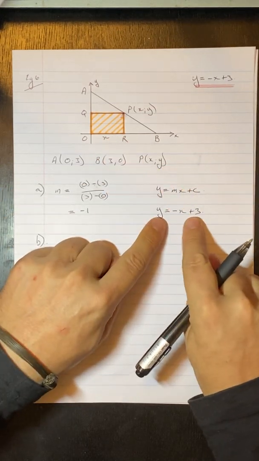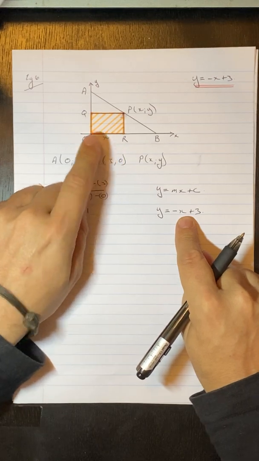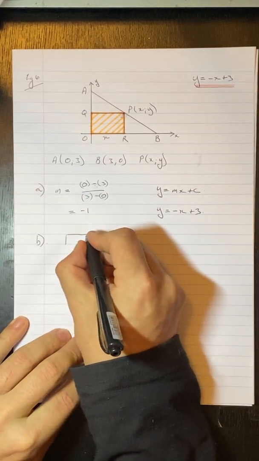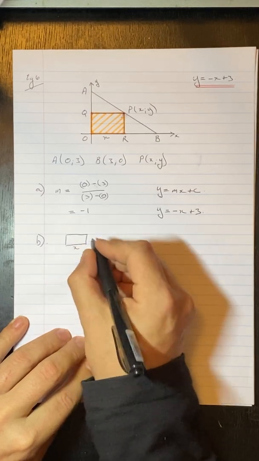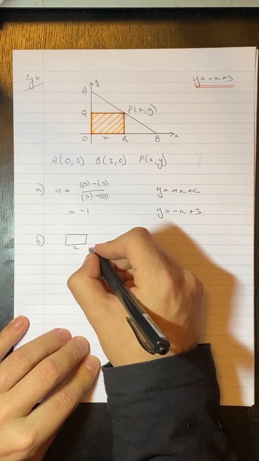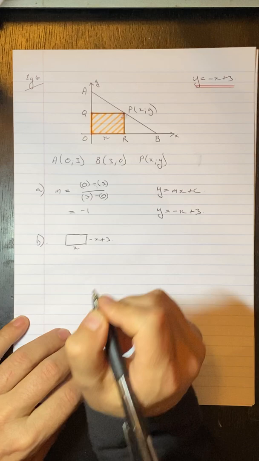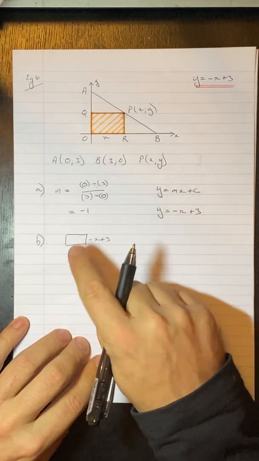Our y value is this thing over here, depending on what x is, and we've chosen that x value. If I draw a little rough sketch of this, our length will be some x value, and our breadth here will be this y value, which is minus x plus 3. So how do we find the area of a rectangle?